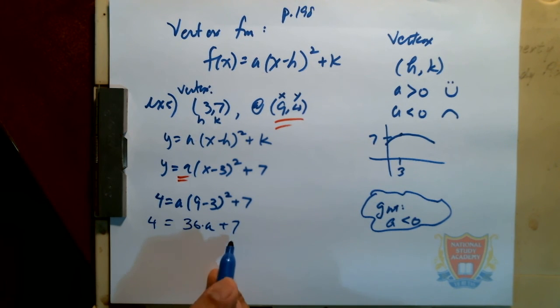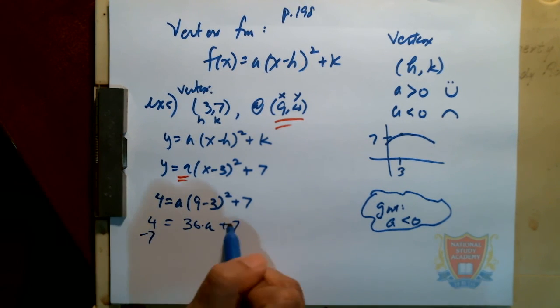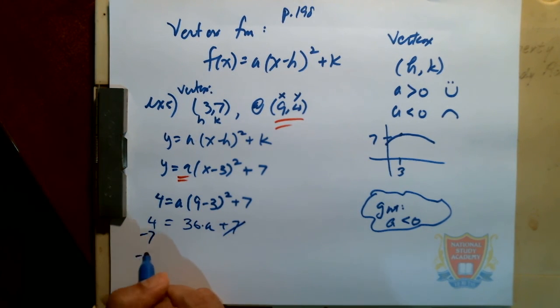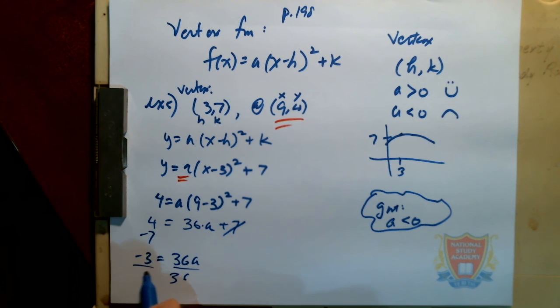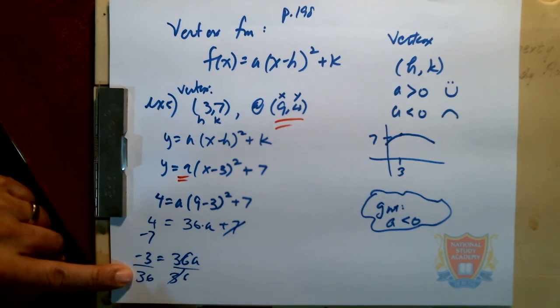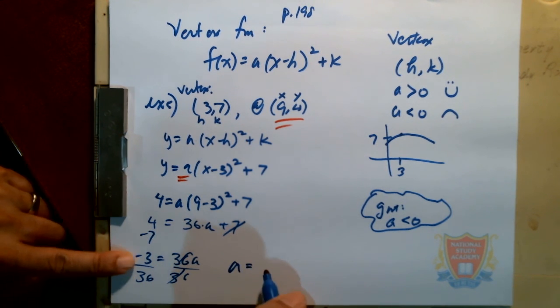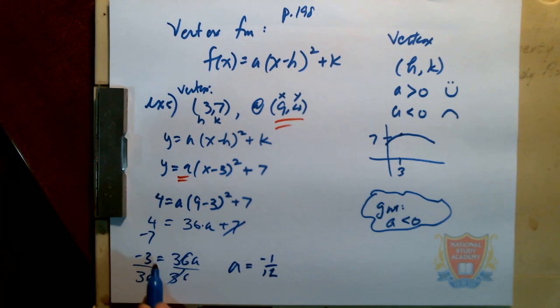To solve this, you subtract 7. Get rid of that. So you end up with negative 3 is equal to 36a. I'm going to divide both sides by 36. That gets rid of that. I reduce it. My a value is equal to negative 1/12. What did our gut say?